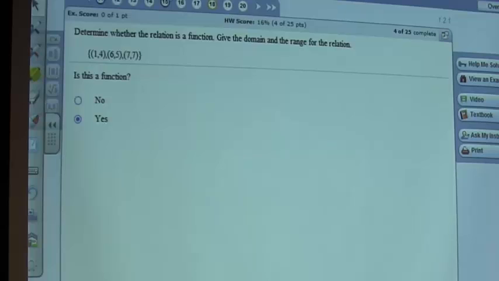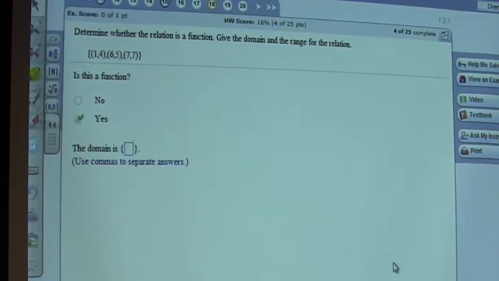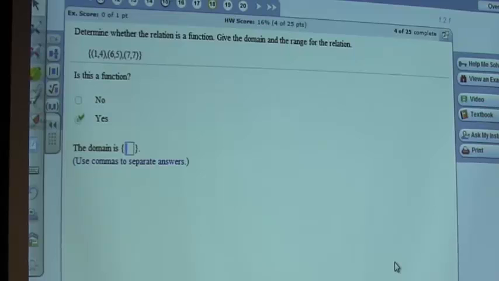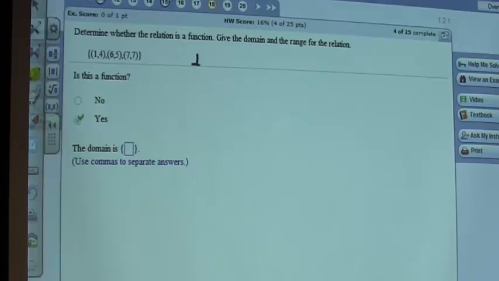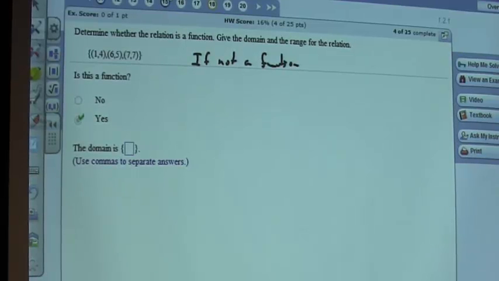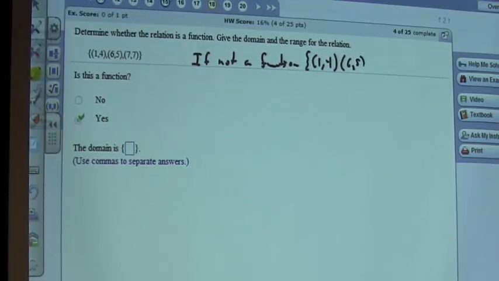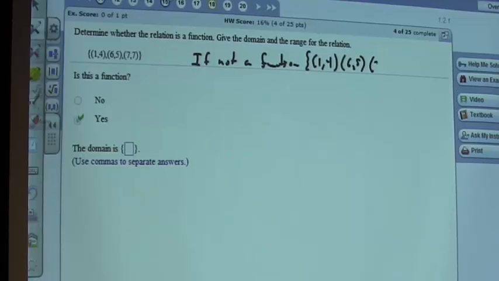Now, what would make this not a function? Well, if it was not a function, we could have had 1, 4, 6, 5, 7, 7, and then maybe 1, 3.